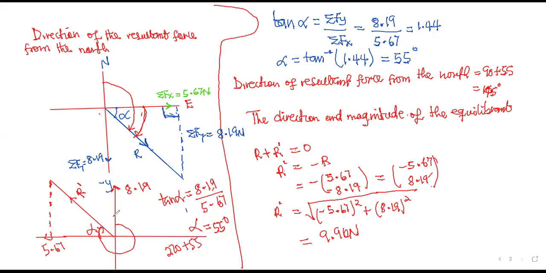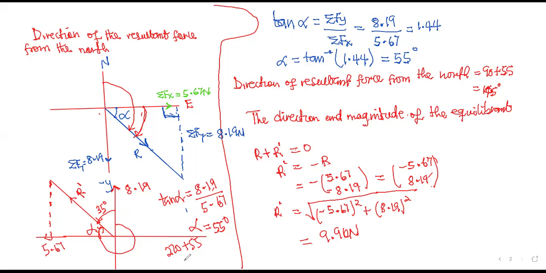The shortest possible direction is to subtract 55 from 90, and that will be 35, right? So the shortest possible direction is turning through an angle of 35 degrees anti-clockwise from the north.